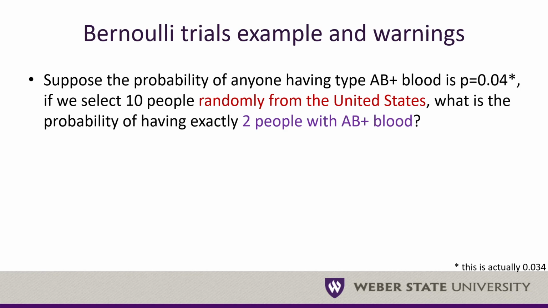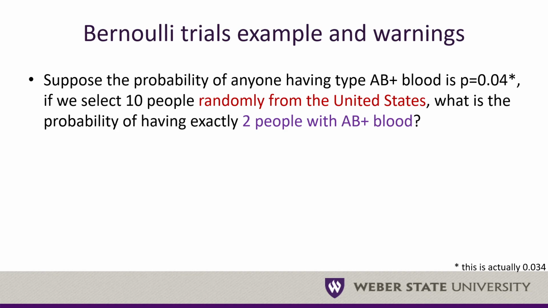So if we select 10 people randomly from the United States, what's the probability of having exactly 2 people with AB positive blood? That would be the kind of question we could ask, where we go into this area and test everybody to see, do they follow the standard? If we get an answer different than what the Bernoulli trials would tell us, then we might make some other assumption about the population, for example.